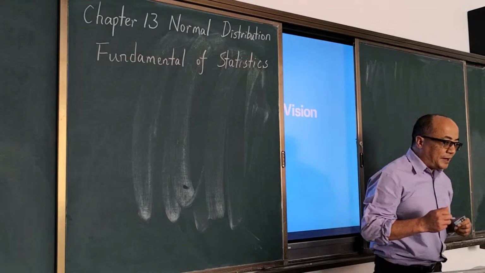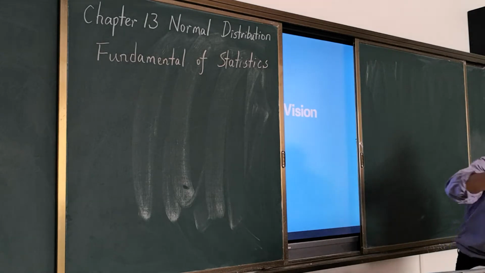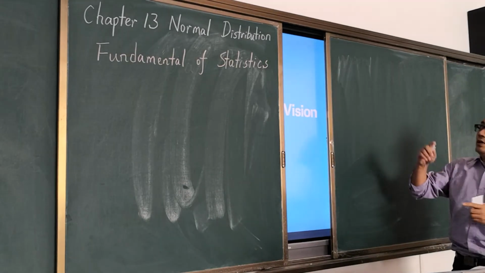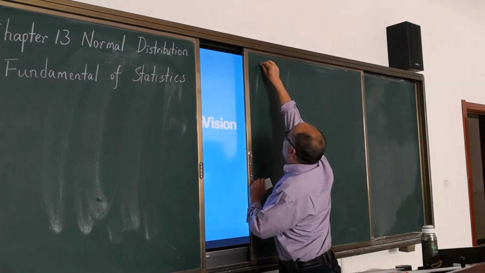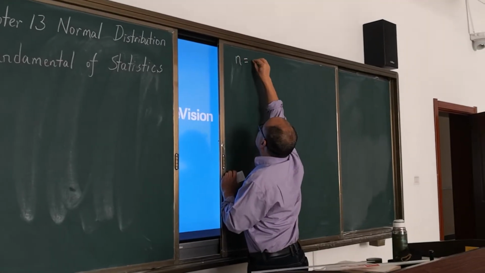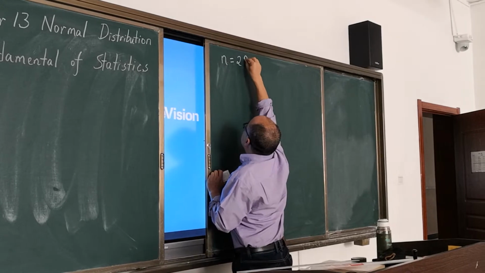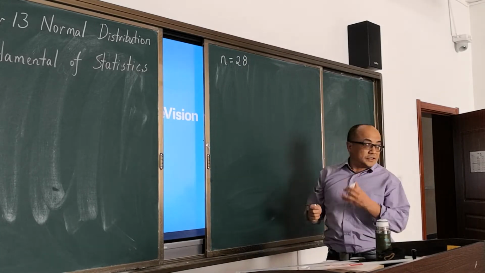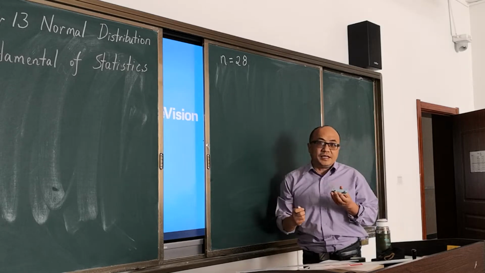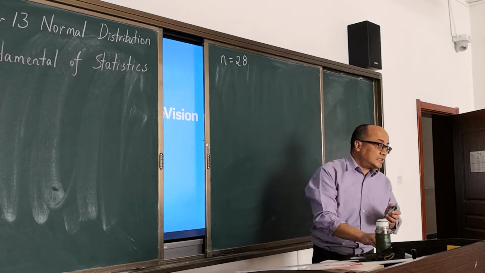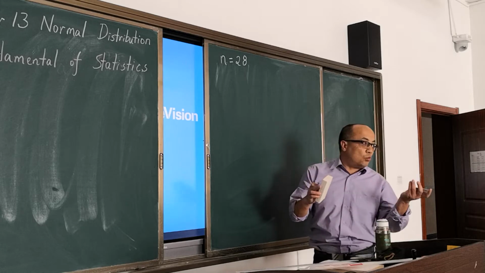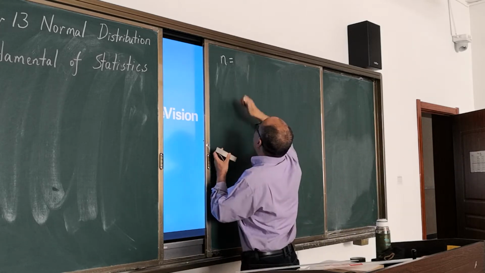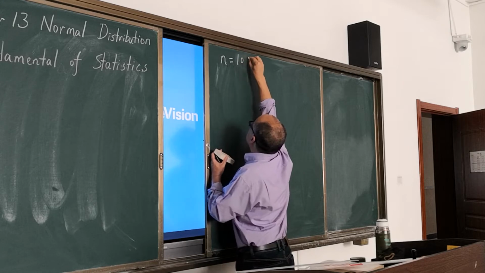And to make the numbers better, last time we had 28 students, 28 people, right? And today, to make it easy for my teaching, let's say we had 100 students.